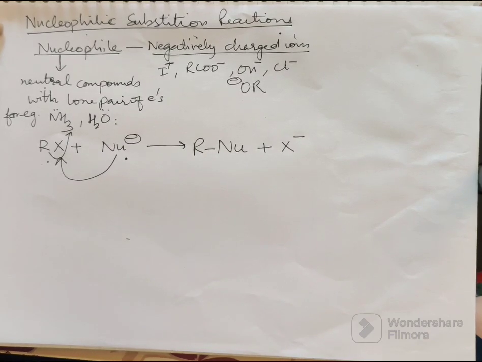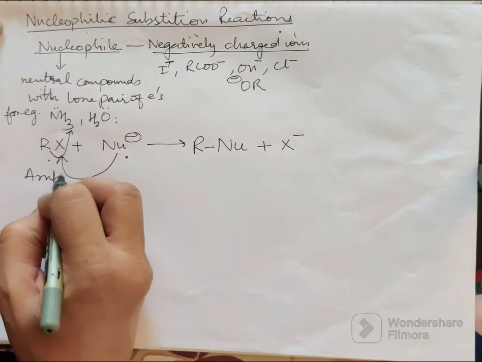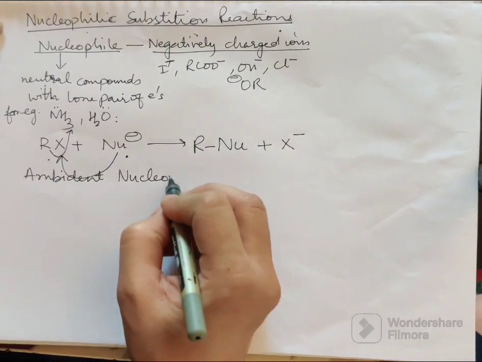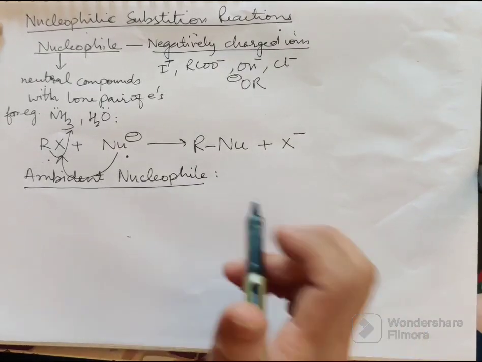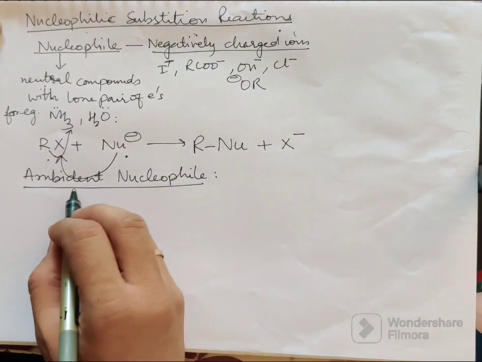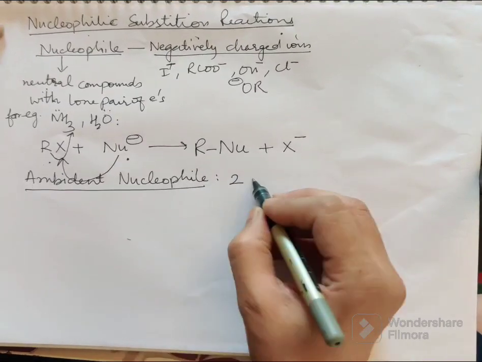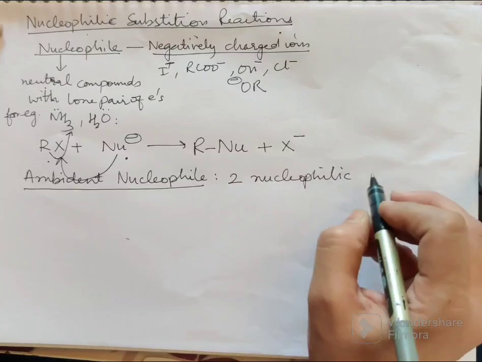There is one very important type of nucleophile given in your NCERT, which is known as ambident nucleophile. Now, what is ambident nucleophile? Learn its definition also, which is very important. Ambident nucleophile is a nucleophile which has two nucleophilic sites.